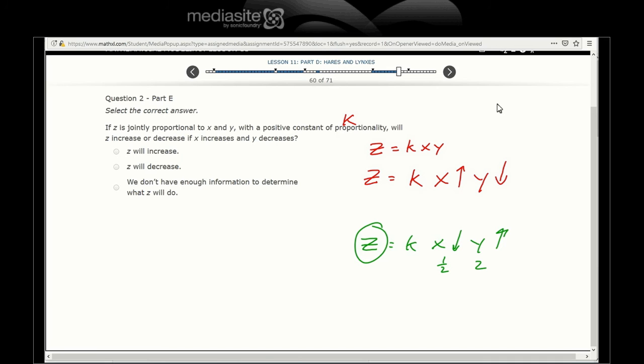So I think you need to know the magnitude of the changes. If x gets a lot smaller, say x went down by not a half but by a fourth, and y only doubled, then we're going to have an overall change by a half.